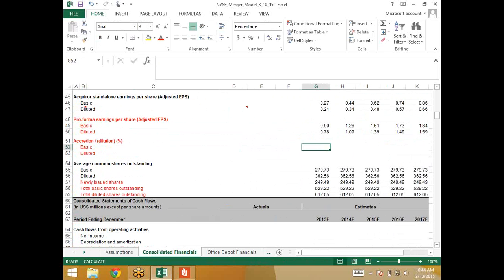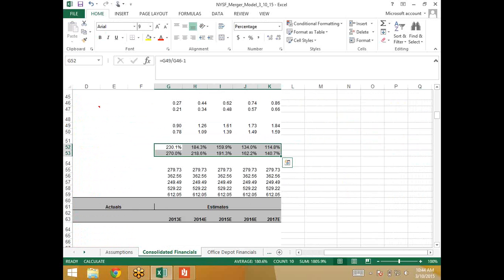Yep. And then we can calculate the percentage. It's just a percentage change, right? It's the new basic EPS divided by the old minus 1, or the new diluted EPS divided by the old minus 1. That's some massive accretion.